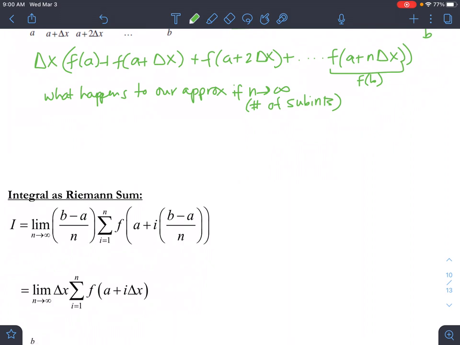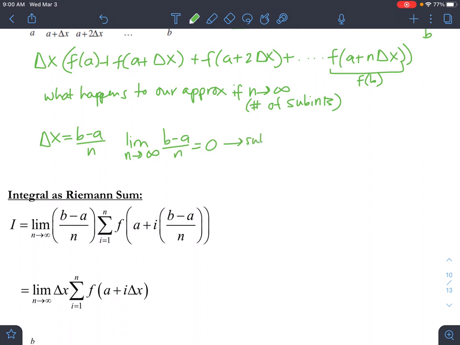So we know delta x is equal to b minus a over n, as we mentioned. So if I took n and brought it to infinity, if I divide something by infinity, this is the same as 0. Delta x would get extremely, extremely small. Specifically, delta x, the width, would approach 0.